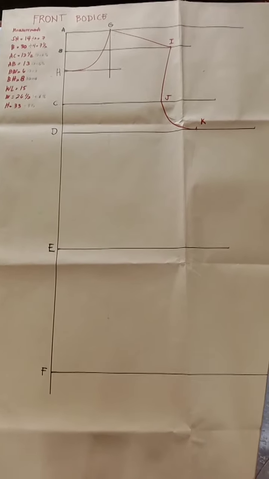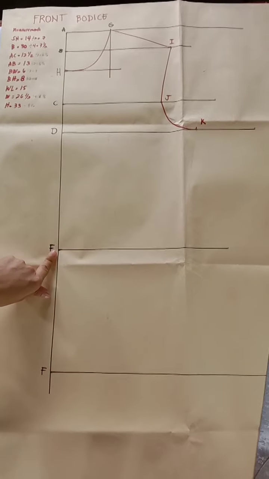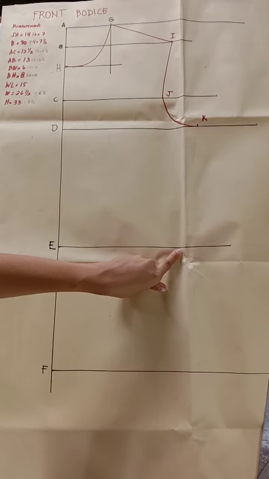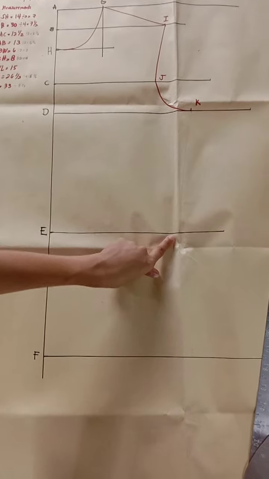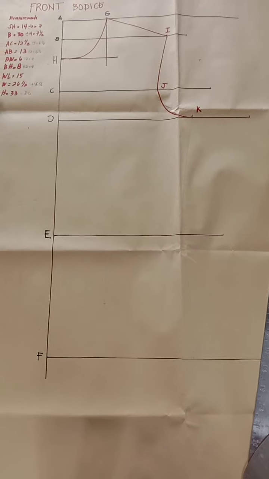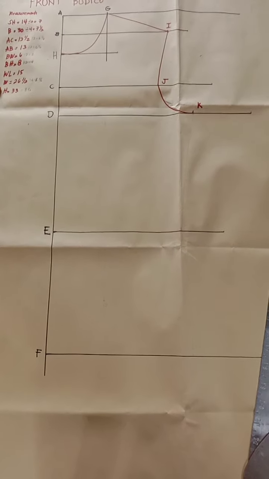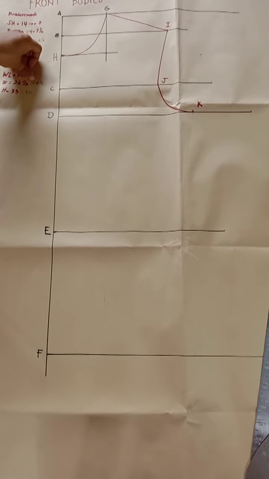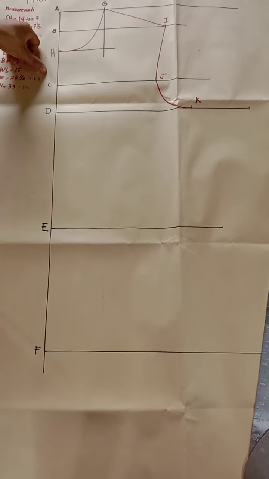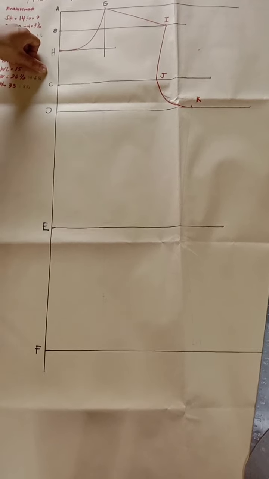Step 13, from point E to L, use 1/4 of waist measurement plus 1 inch. Yung waist measurement natin is 26 and 1/2. So, i-divide natin siya into 4. Ang makukuha natin is 6 and 5/6 plus 1 inch.